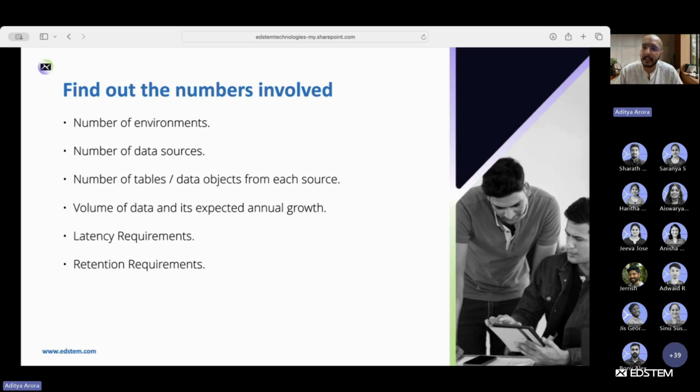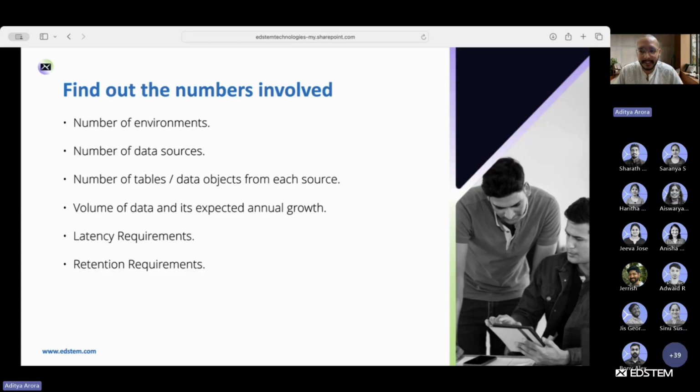Then the volume of data and its expected growth. That's the data velocity and volume part, which we also discussed in the fundamental section. But now it's about real numbers, how many terabytes or how many GBs or who knows, petabytes that you're dealing with. And then what is the rate of growth?